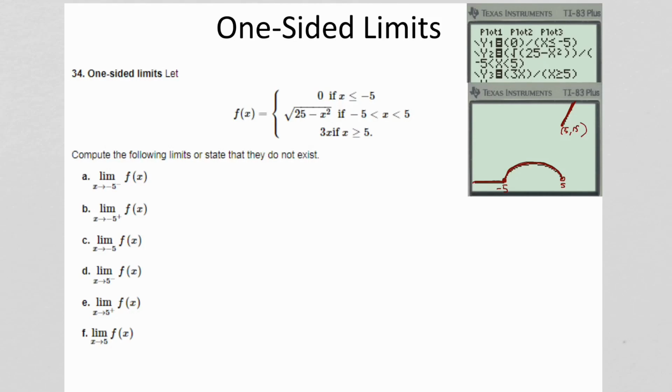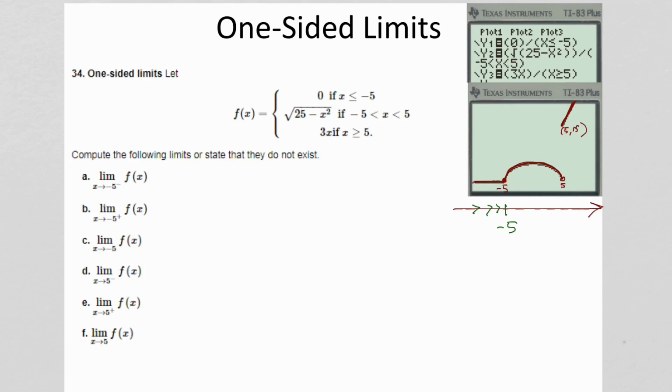So now we'll look at some of these one-sided limits. Now in the first case, we're looking at the limit as x approaches -5 from below. Okay, so if x is approaching -5 from below, that means, well, let's see, this is x equal to -5 here, and we're approaching -5 from below.